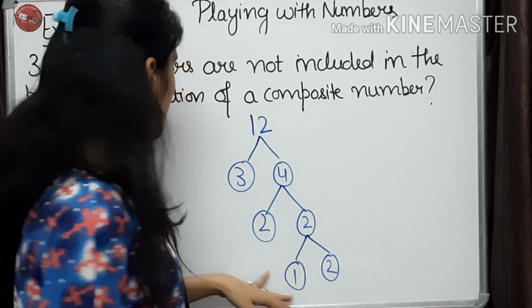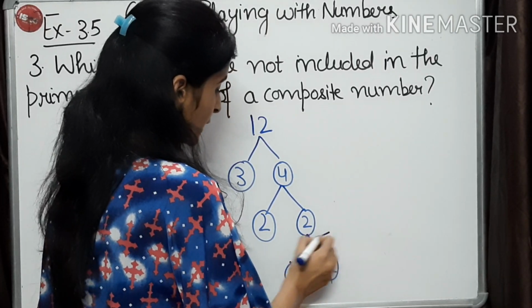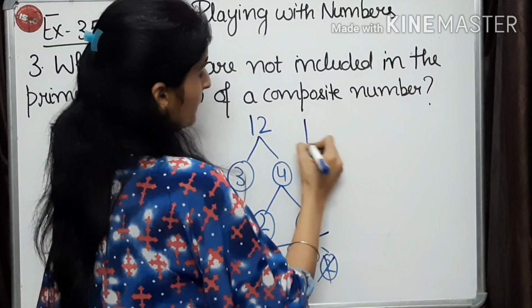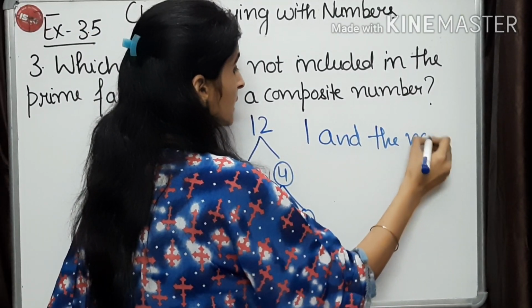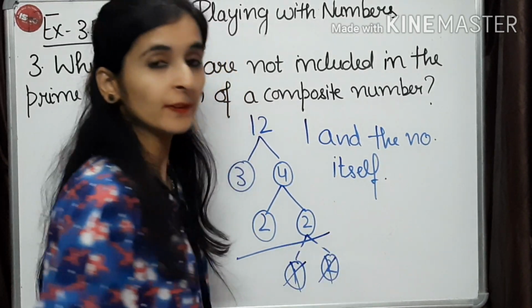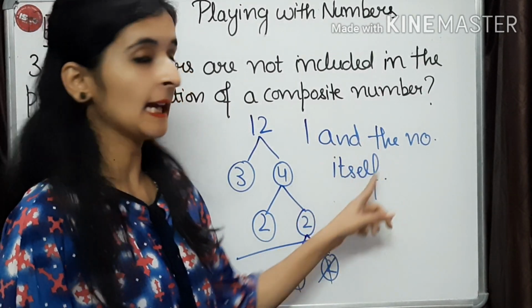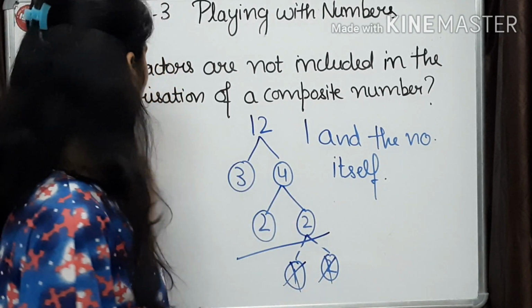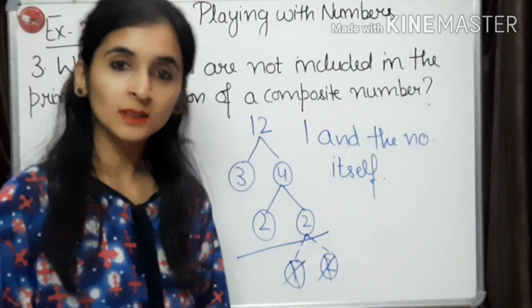So we stop this process here, and the answer for this question will be 1 and the number itself. Whenever we do the prime factorization of a composite number, we do not include 1 and the number itself. This was the solution of question number 3. Now let's move to the next question.